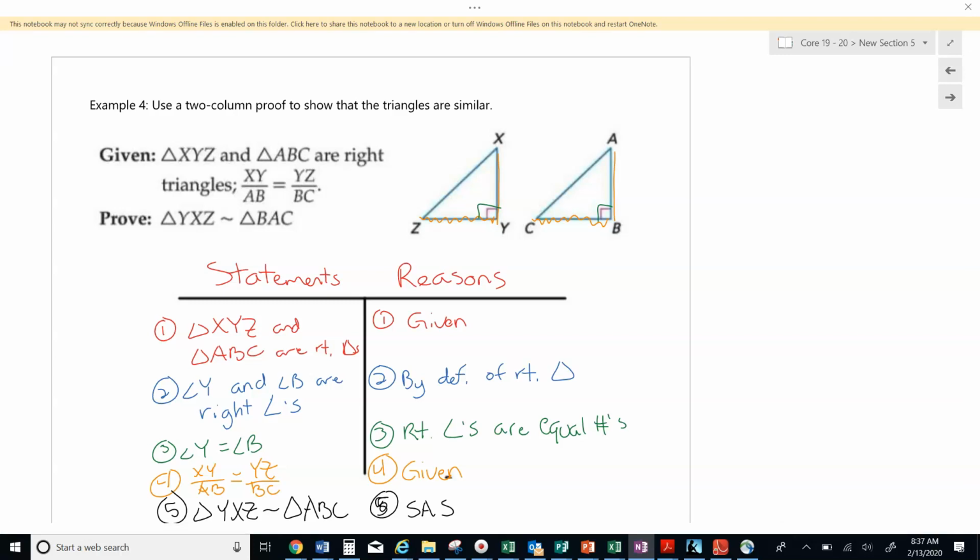Every statement you make, you have to then ask why. I know these are right triangles. Why? Well, it tells me so. Well, I know these are right angles. Why? Well, they're right triangles. Well, I know these are congruent. Why? Well, right angles are, right? Every statement you make, you have a why, okay? And that's really what a proof is. And that's it.